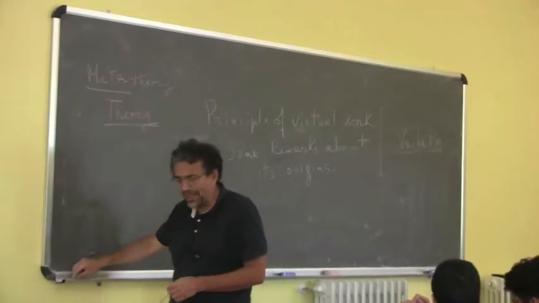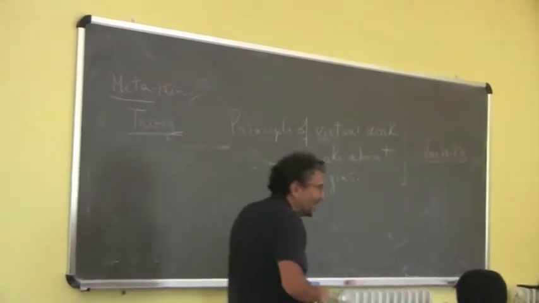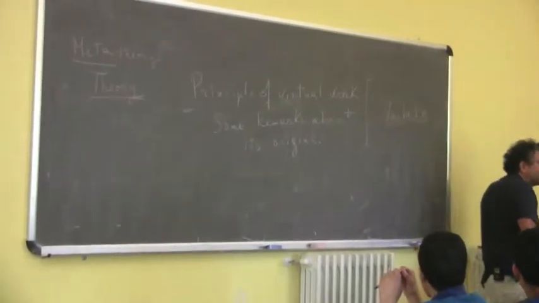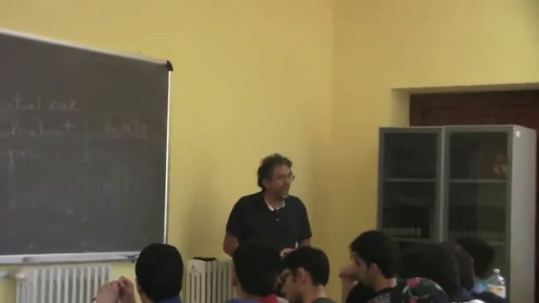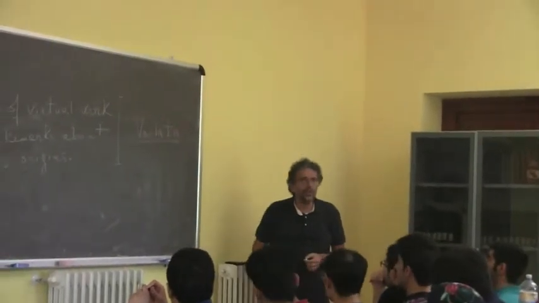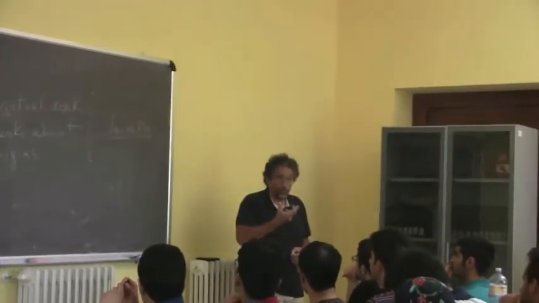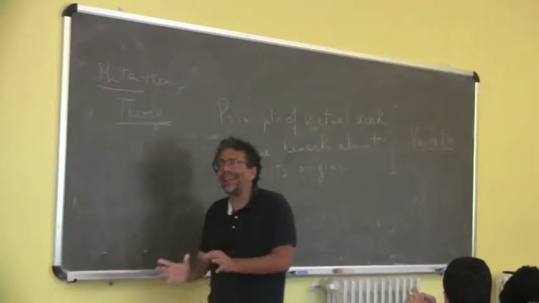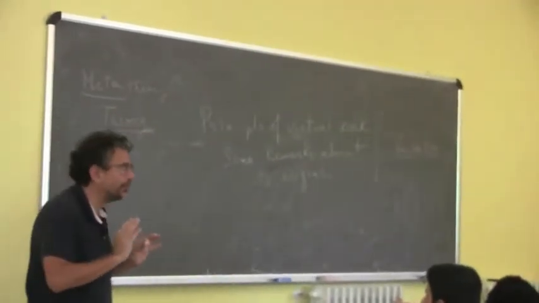He wrote a very nice paper at the end of 19th century in which he describes the origins of the principle of virtual work and its application as a general principle for building new theories. Okay? And I will use a very, very simple example.